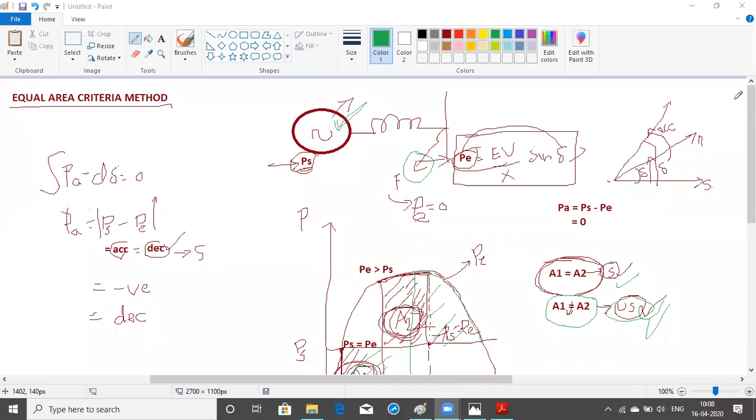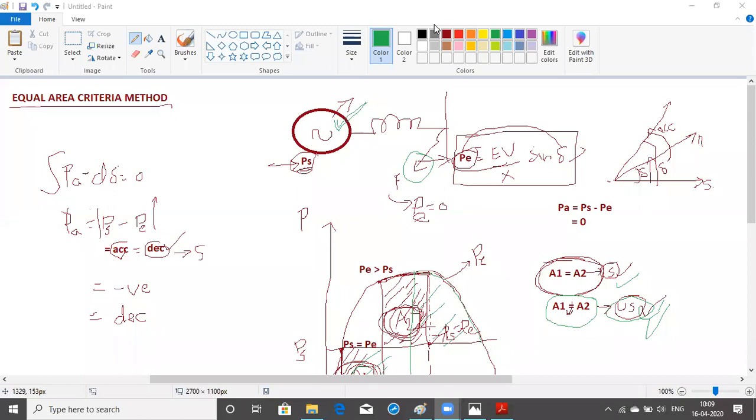In case of steady state, if PS is equal to PE, it is in equilibrium, but in transient state, it is stable. What is the difference? See, in the case of steady state, if PS is equal to PE, it is in equilibrium. Equilibrium condition means under no disturbance condition. Both the stable condition and the equilibrium condition are the same. There is no difference. Equilibrium state or steady state, both are the same.